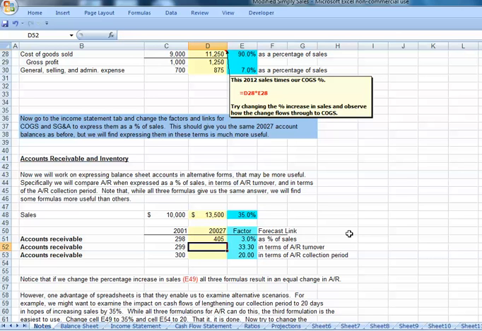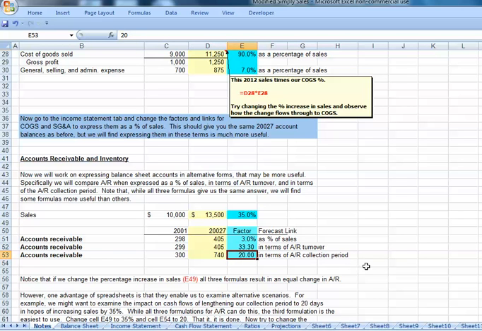If it was in terms of accounts receivable turnover, we'll simply take our sales and divide it by our AR turnover ratio. We've got 405. In terms of a collection period, again, we would simply take our average daily sales, that's the 13,500, divided by 365, and then multiply it by our collection period.